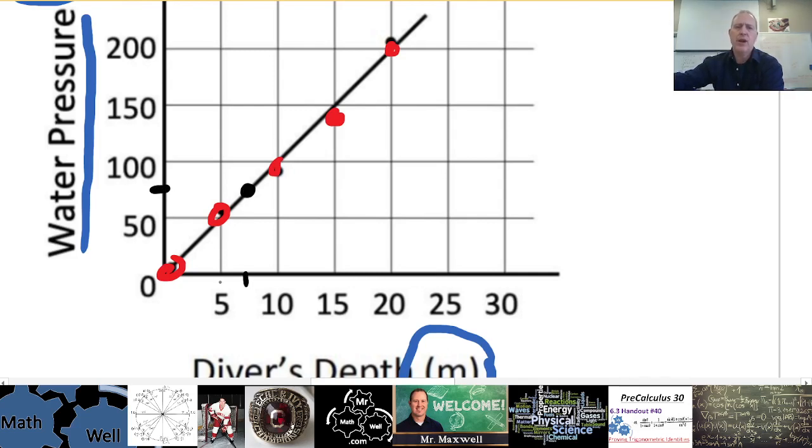Well, if you go down 5 meters and you want to go down 10 meters, are you going to have to pass through 7.5? Yes. Does it make sense that there would be a gradual increase in pressure from 50 to 100 as you go deeper? Yes, it's going to happen gradually. So all of these points in between the ones that we plotted are reasonable for the situation.